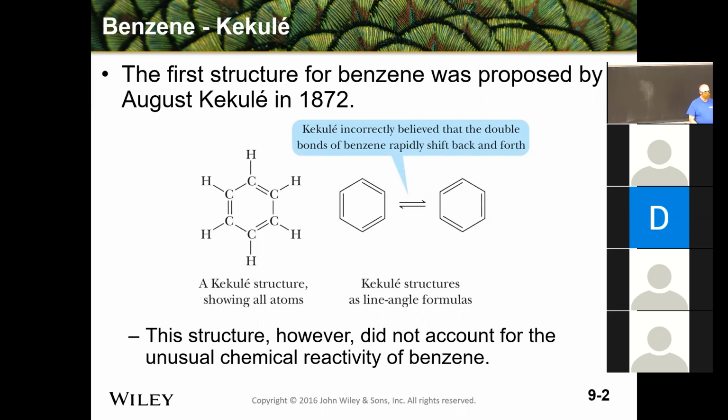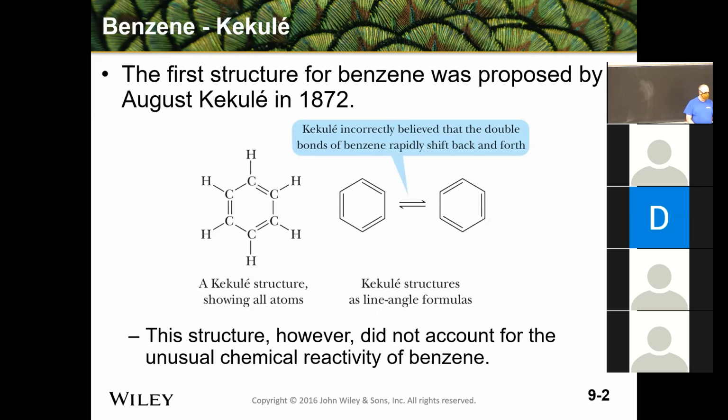It's been said, according to the folklore, although historians have cast some doubt on this subject, but the story goes that Kekulé had been working on this problem for a long time. Benzene had a low hydrogen to carbon ratio, which would indicate perhaps double bonds, but it didn't react like alkenes.